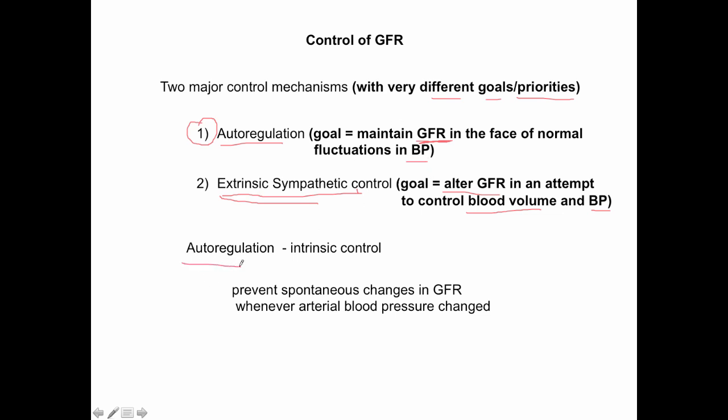Now, autoregulation we're going to talk about first. And as the name suggests, it is the mechanism for intrinsic control. Autoregulation, auto means self. The kidneys can maintain GFR by themselves. So they self-regulate GFR.